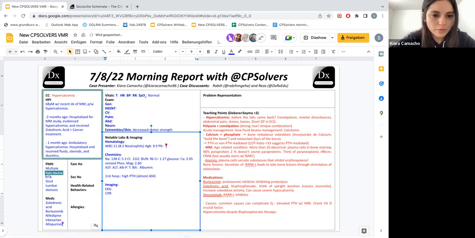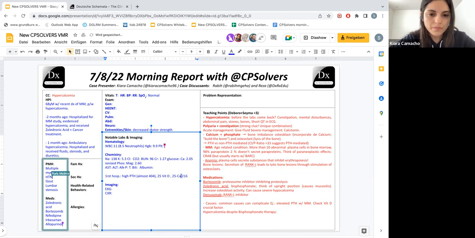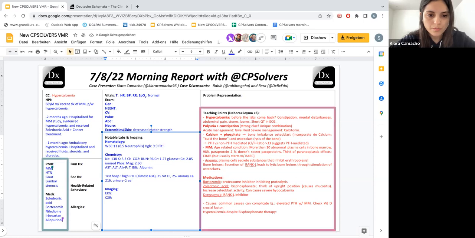The 25 vitamin D was 17.8, which normal was supposed to be more than 30. We ordered 24-hour urinary calcium, which was 316, which was elevated too. Urinary creatinine was 22.8, and creatinine clearance was low at 171.